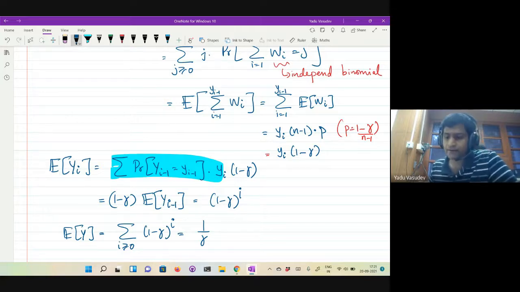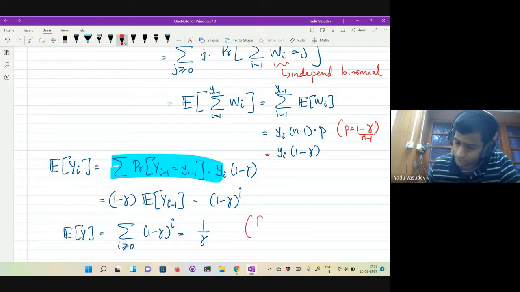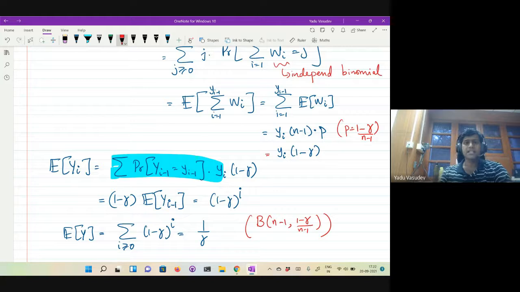So if you have a branching process where the number of children is distributed according to the binomial distribution with n minus 1 and 1 minus gamma by n minus 1, then the expected size of the tree you obtain is just 1 over gamma. It's a constant size tree.